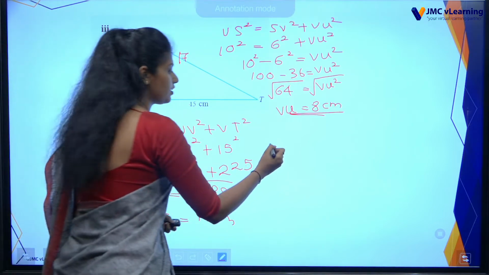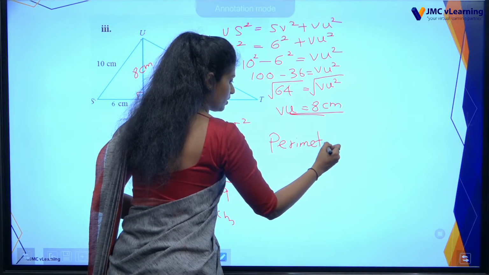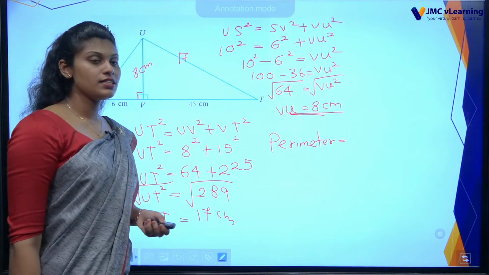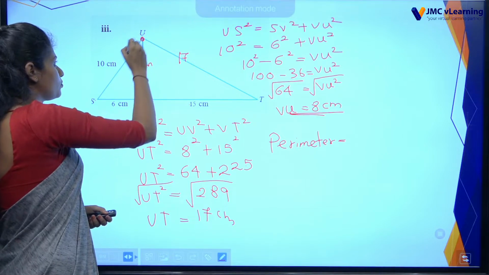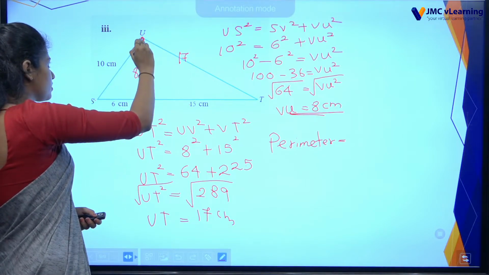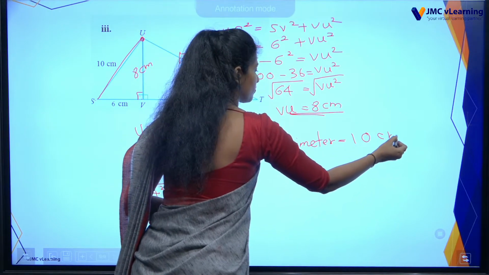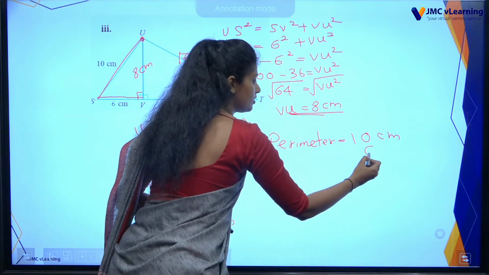Now let's find the perimeter of this figure. To find the perimeter of this figure, what are the sides you have to add? Let's start from US. US length is 10 centimeter. Then SV, it is 6 centimeter.